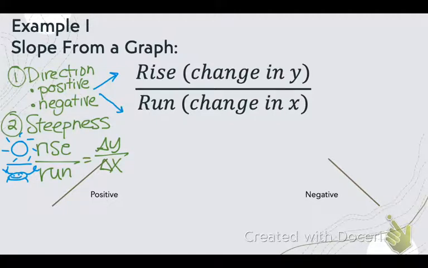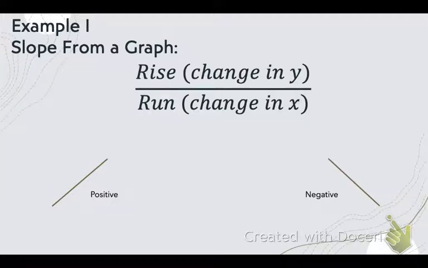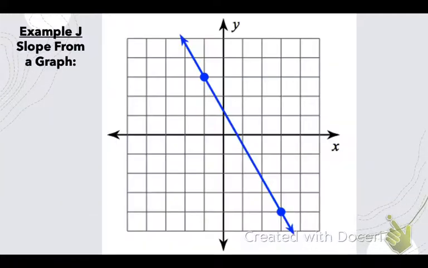So let's put this into practice. Our first example, which is example J, has a line. If we look at the direction of our line, it is going downwards. So our slope is going to be negative.